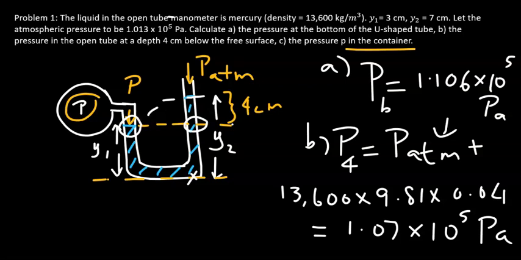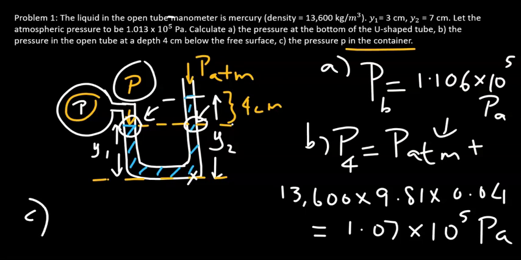So the pressure here, namely P, has got to be the same as the pressure here, which we have just computed in part B. And the reason is that because the mercury, the liquid, is in static equilibrium, pressures at points in the mercury at the same level must be the same.